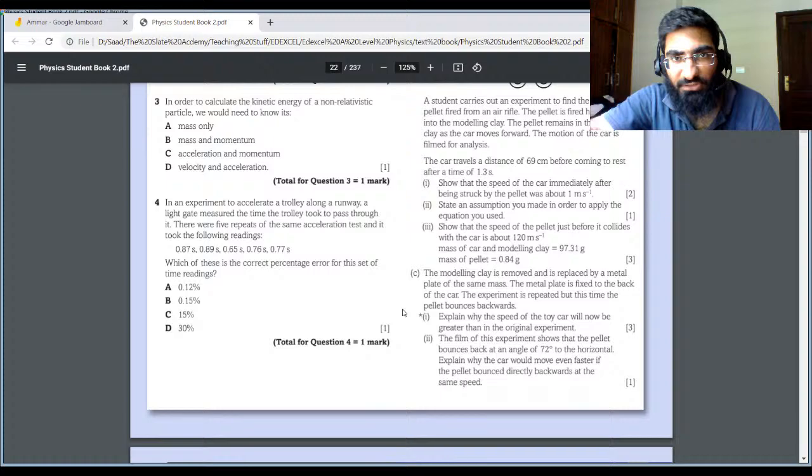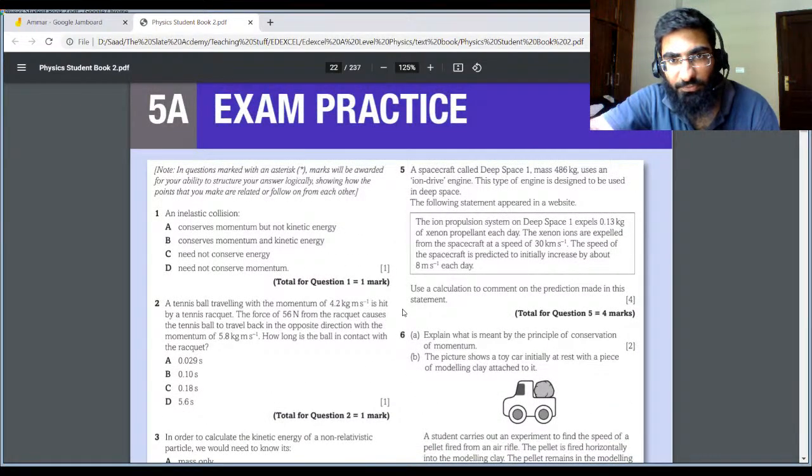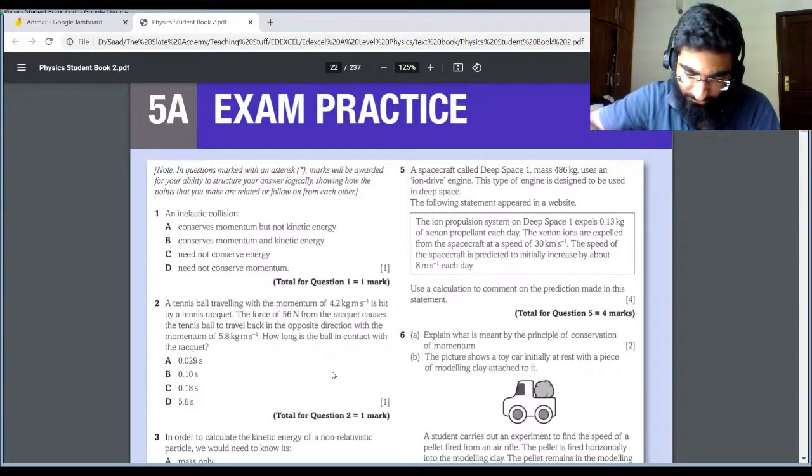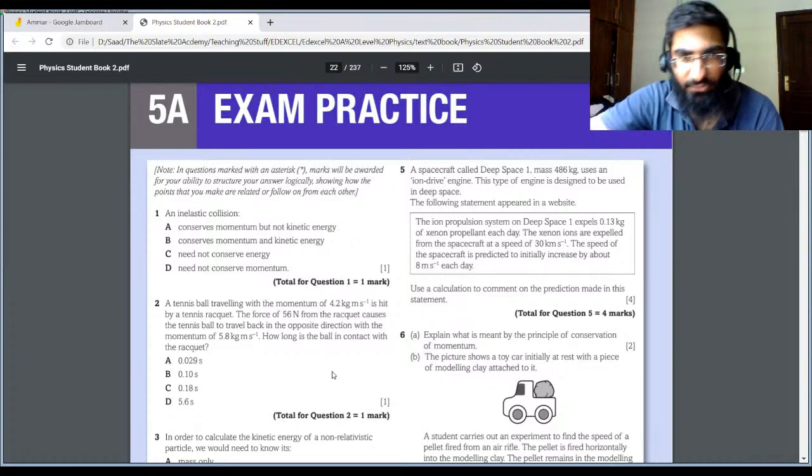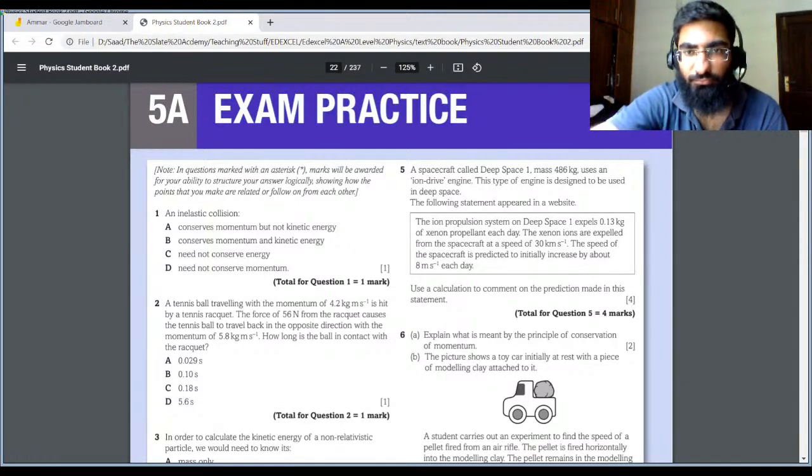Then we have a spacecraft called Deep Space One. This one is 4 marks. You'll have to do some work for this one, and maybe you'll have to do a drawing as well. Let's read first.